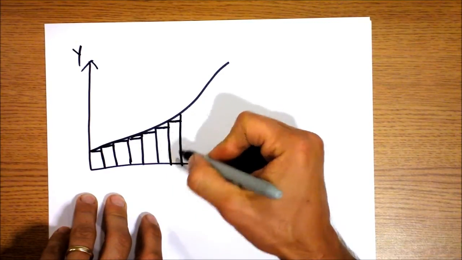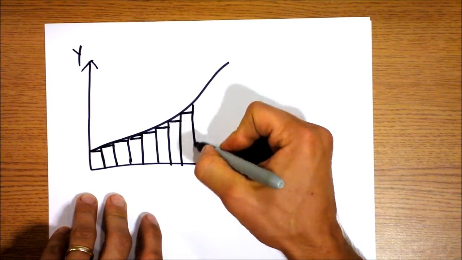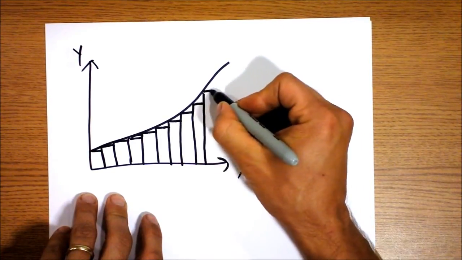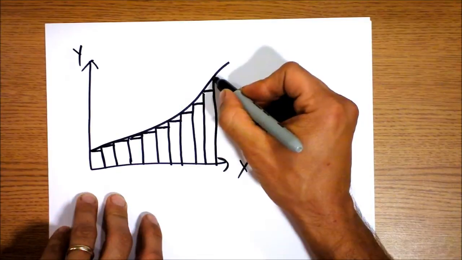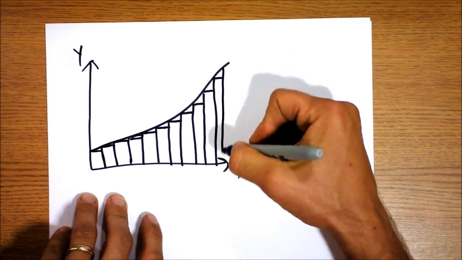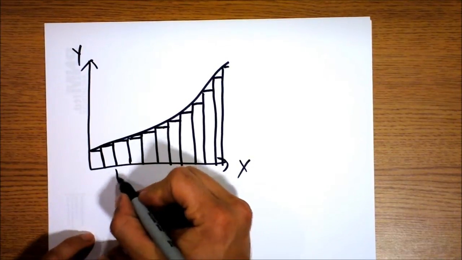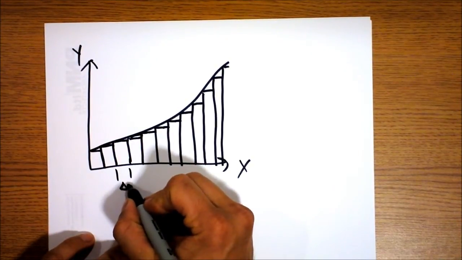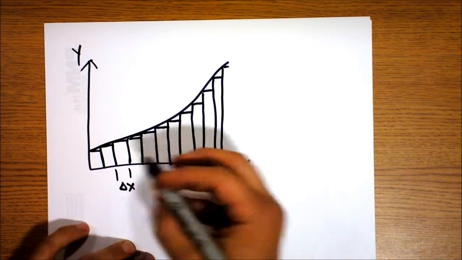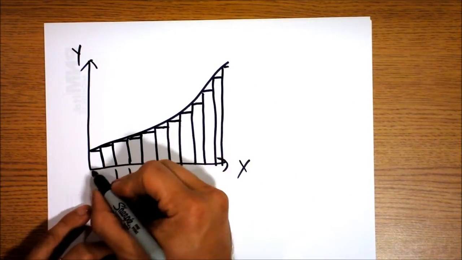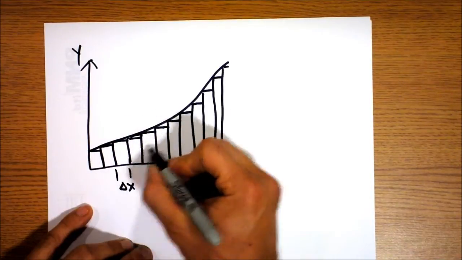So you just take the area of each of these rectangles and add them all up together to find the total area under the curve. We're going to call this width delta x, and we can take the height of this function and multiply it by delta x at each of these points.